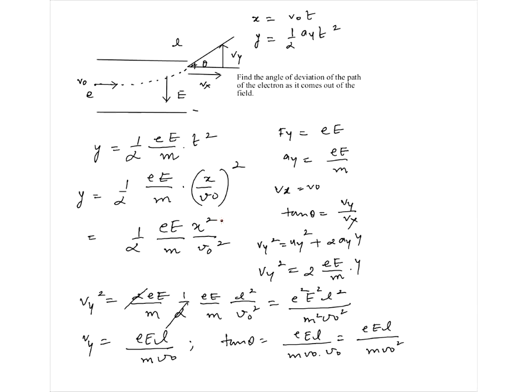The problem will be when L is too large. Imagine L is huge. Then what can happen is this: y depends on L square. That's a problem if L is huge. Then the chance is more that it will go and bang.